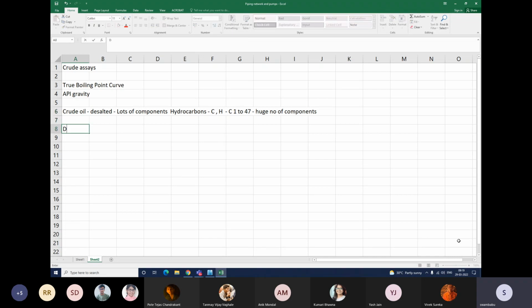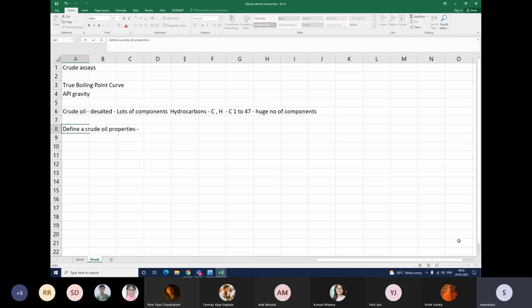Now, let's say I need to define crude oil properties in a process simulator. You will have to select all the components, propane, ethane, methane, which is almost impossible, to define what fraction of propane is there, what fraction of methane is there.